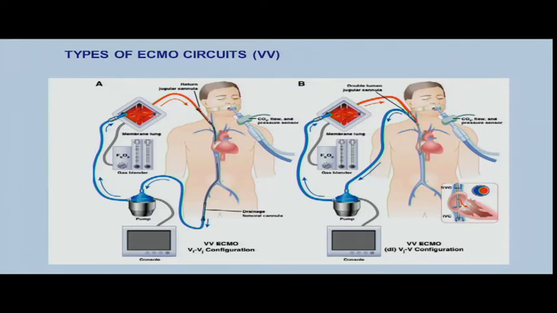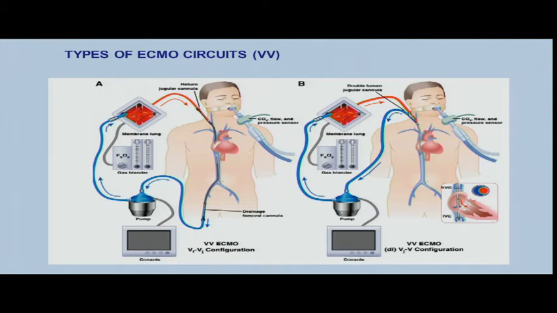Now, there's this cannula which I came across here, what we call the bicaval ECMO cannula. So there's a picture here. I think I showed a picture like this before. So you have the drainage from the SVC and the IVC, and then you have the return into the right atrium. So the right atrium is the one that is receiving the oxygenated blood.